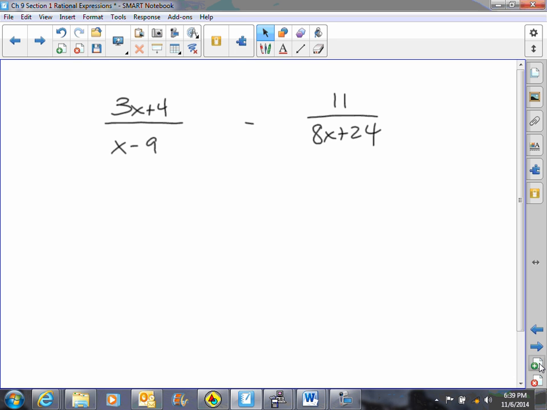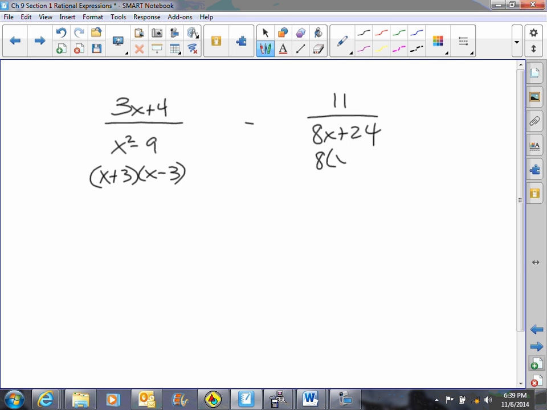Now this first denominator, excuse me, I think I said x squared minus 9, but I didn't write the squared. This first denominator factors into x plus 3 times x minus 3. And the second denominator factors into 8 times x plus 3.